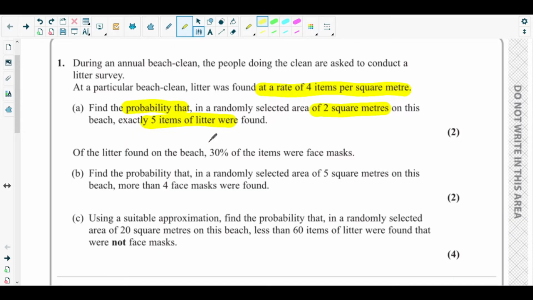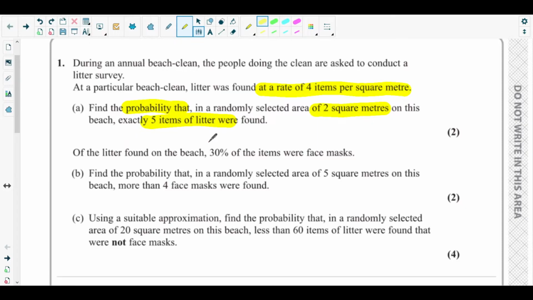Look at the pattern of the question. The litter was found at a rate of 4 items per square meter. That means it is found at a constant rate, right? And it is per square meter, which is a fixed interval. And the items would be found independently and singly, because these are discrete data.